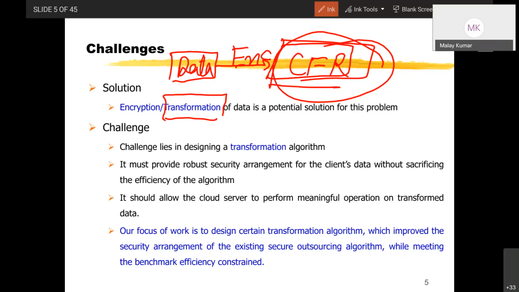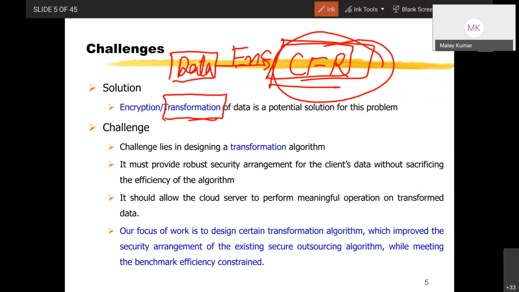Falls into the category of transformation. Means rather than performing a traditional encryption using a public key, asymmetric key, symmetric key or other encryption techniques, cryptographic algorithms, you are just transforming data from one form to another form while retaining its mathematical property.